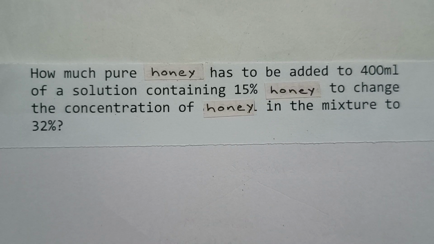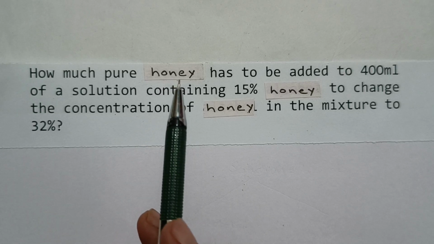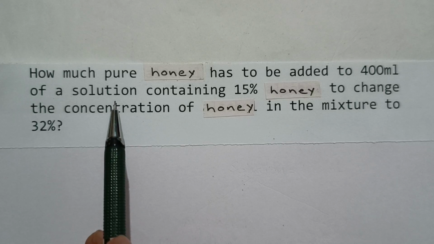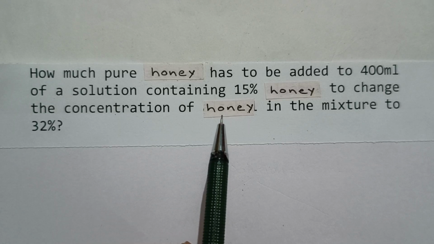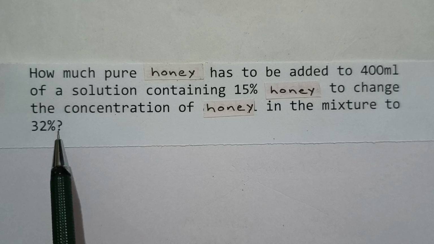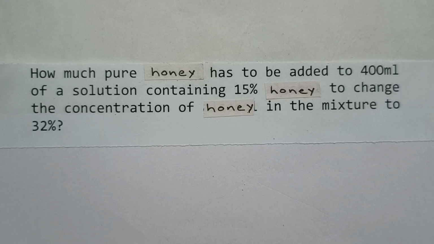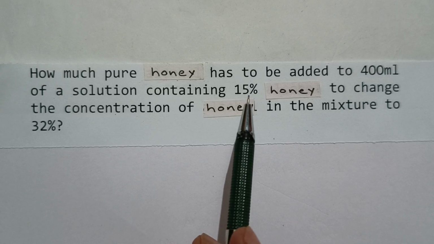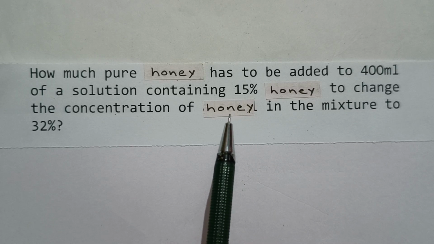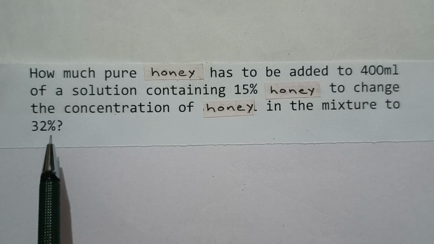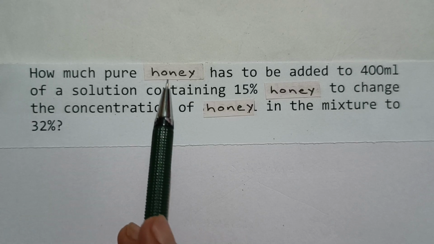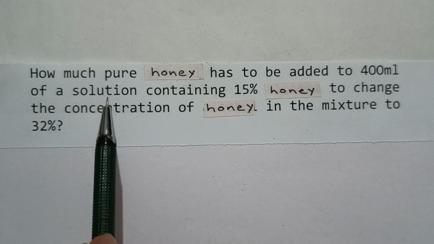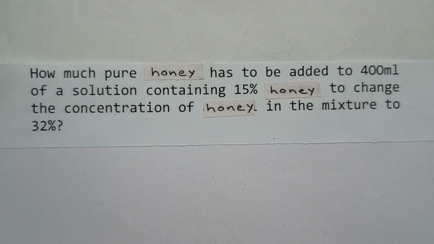Now they are asking how much honey should be added to that solution so that the content of honey becomes 32%. So from honey content of 15%, they want to make the honey content 32%. For that, how much pure honey has to be added into that solution? So let us start solving this question.